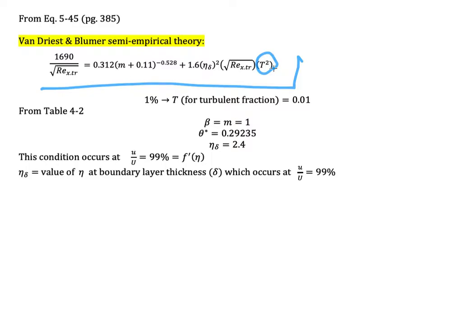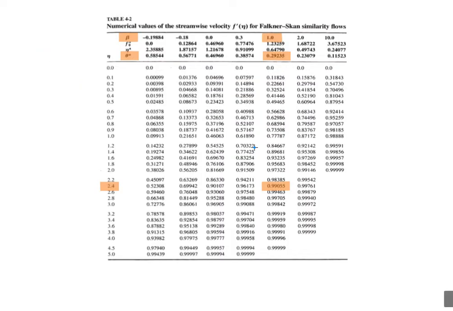If the turbulent intensity is 1%, we need to substitute t equal to 0.01. Here we have beta and m equal to 1, theta star is here, and eta in terms of delta is 2.4. This 2.4 is actually from the table here.